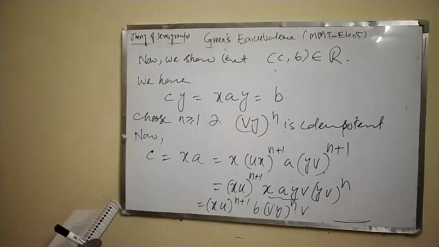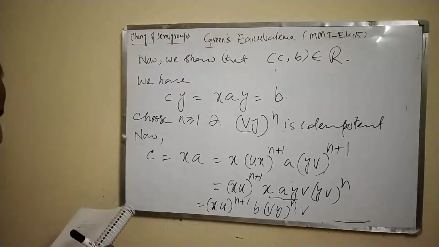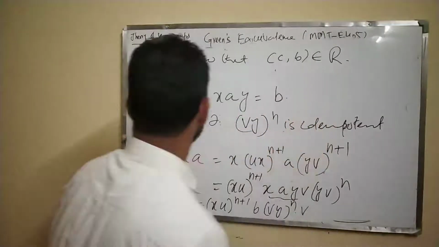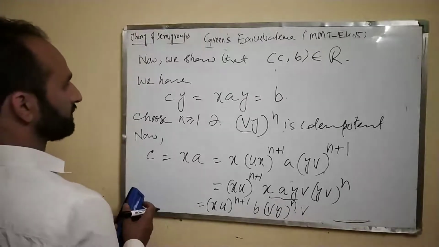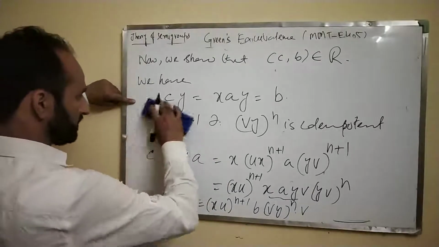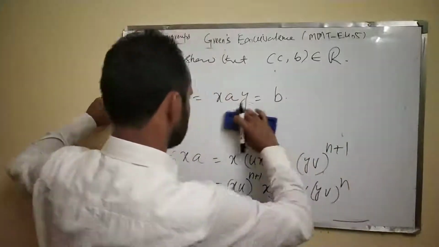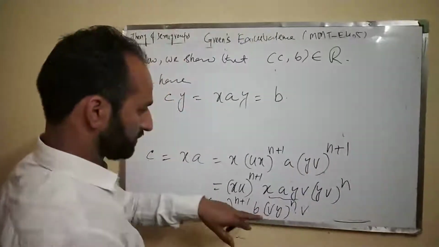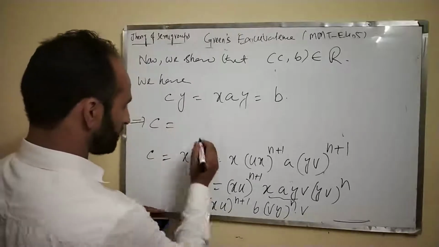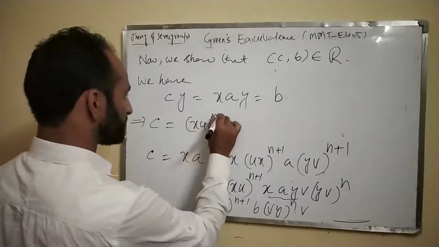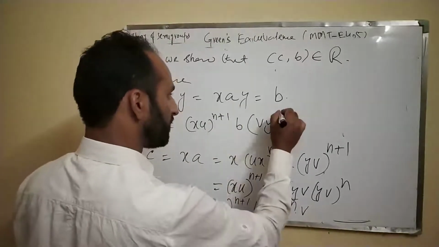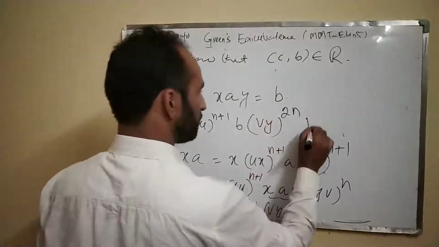But vy power n is idempotent, so I can write vy power n as vy power n into vy power n. So now with Cy equal to b, and vy power n idempotent, this C is equal to xu power n plus 1 into b into vy power n into vy power n, because it is idempotent, into v.